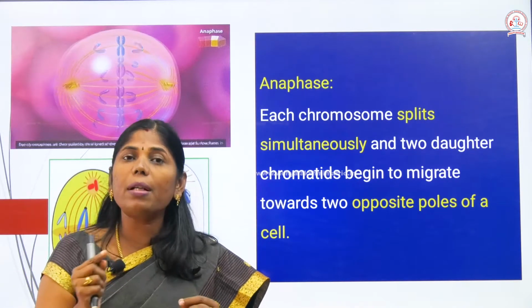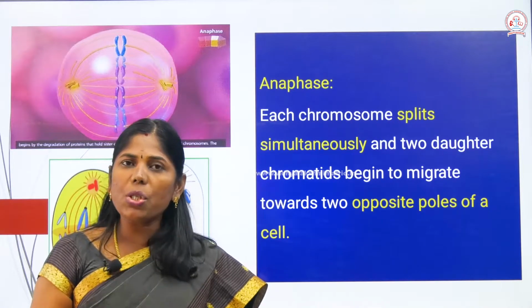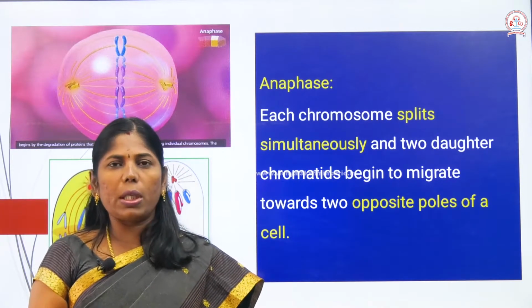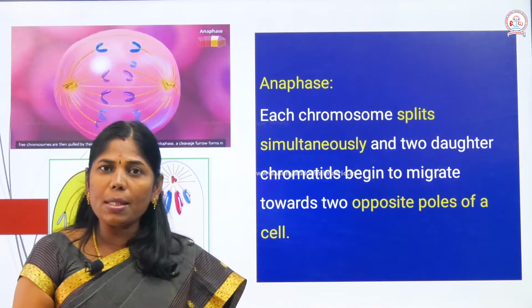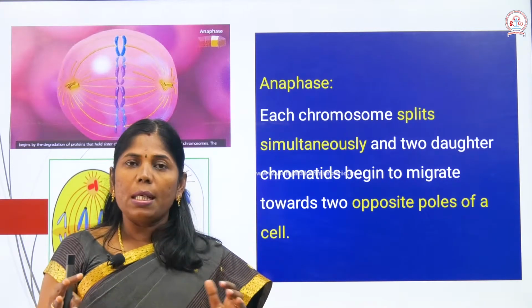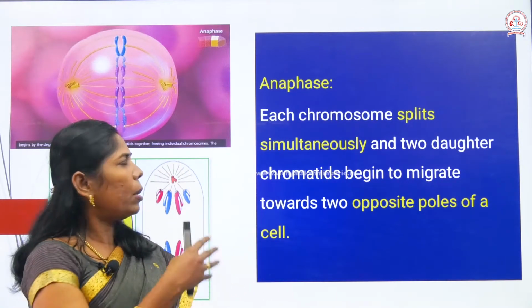We can see L-shaped, V-shaped and I-shaped structures. That is metacentric, submetacentric, telocentric, and another one, acrocentric. Based on the position of the centromere we can classify the chromosomes, and that morphological classification can be seen during this phase.